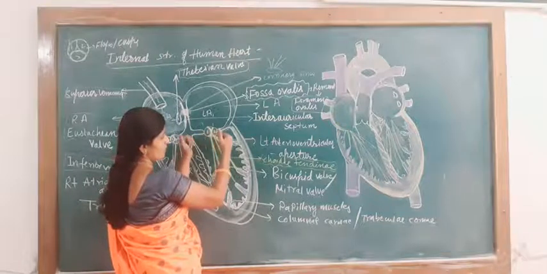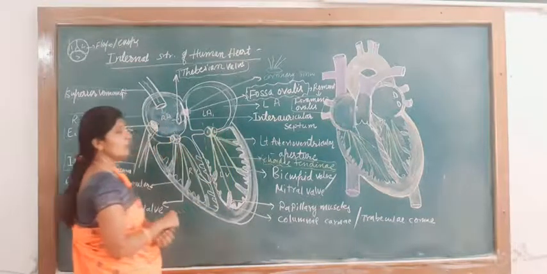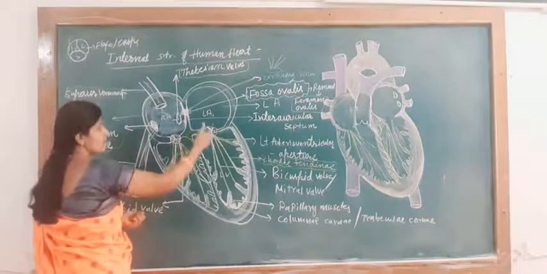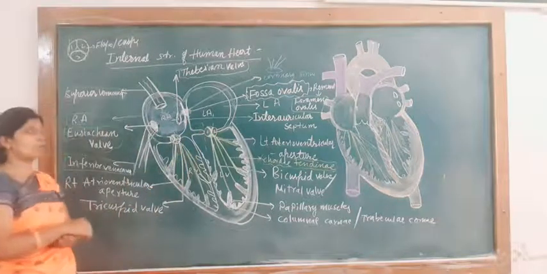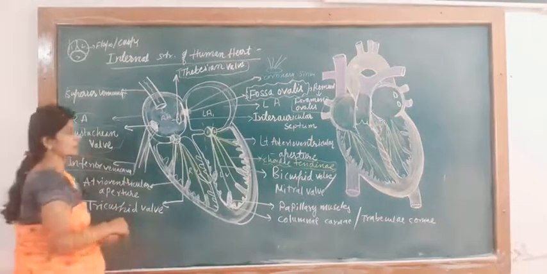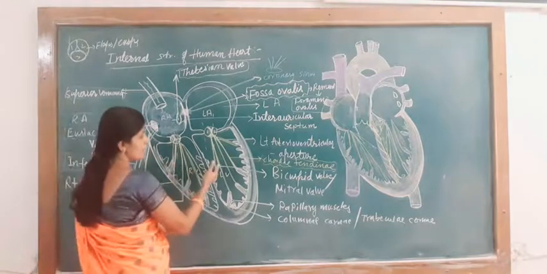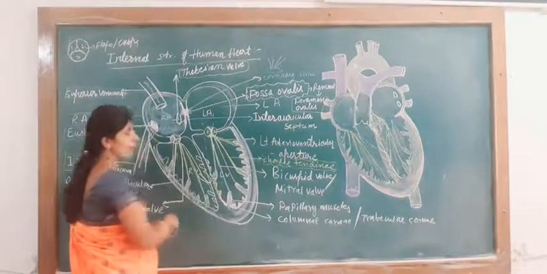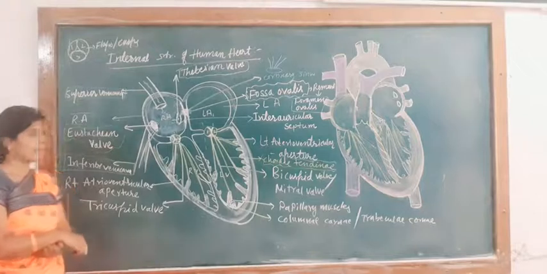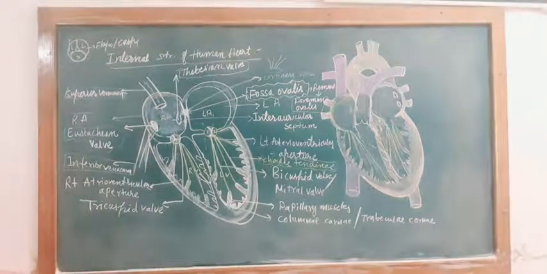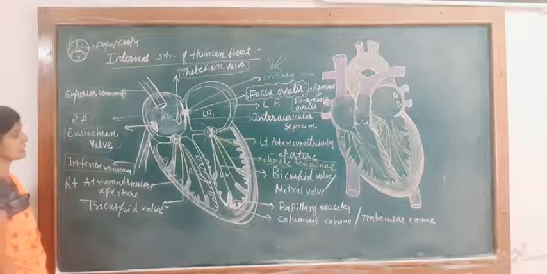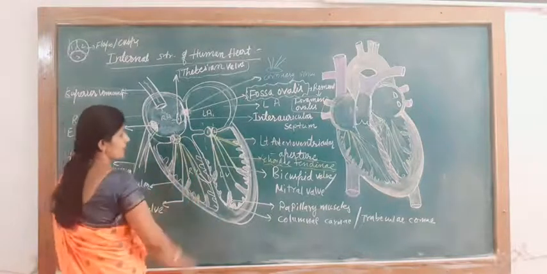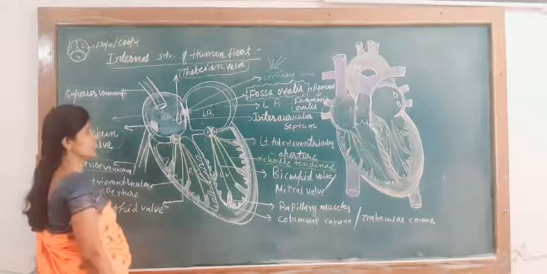Open, close in this way. Only one direction of blood flow is allowed by these valves, with the help of the chordae tendineae joined to the papillary muscles. The opening of these valves is guarded by the papillary muscles.